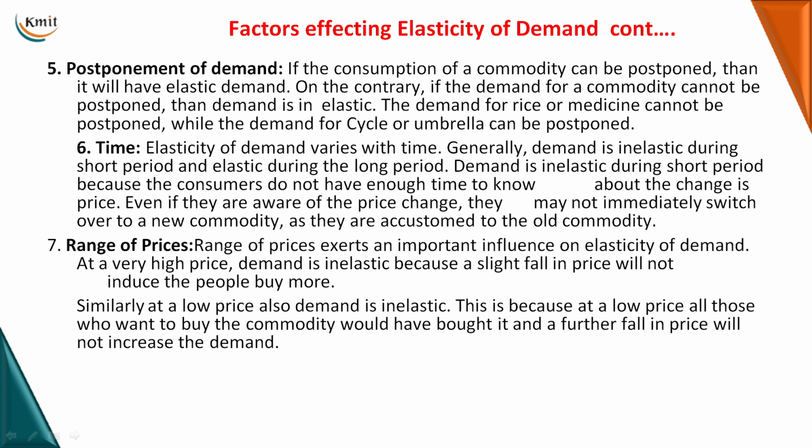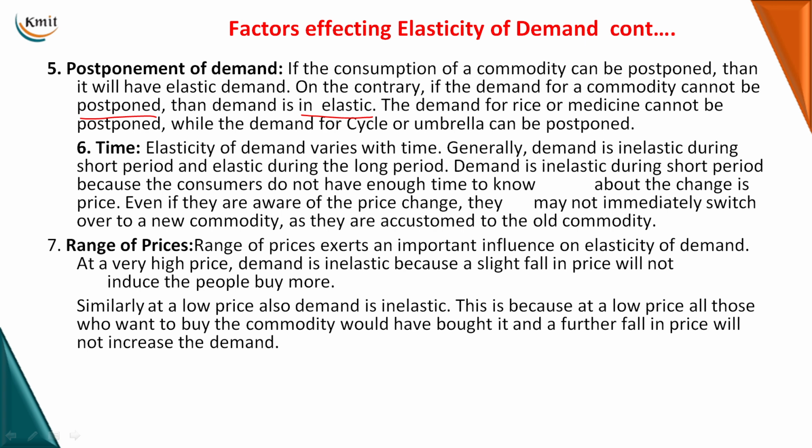If the consumption of the commodity can be postponed, it will have an elastic demand. On the contrary, if the demand of the commodity cannot be postponed, then it is inelastic. That means without any change, with a less amount of time frame available, the consumer will be purchasing that particular commodity, right?